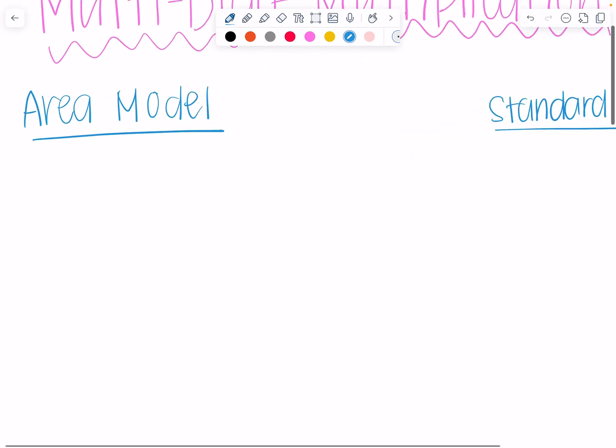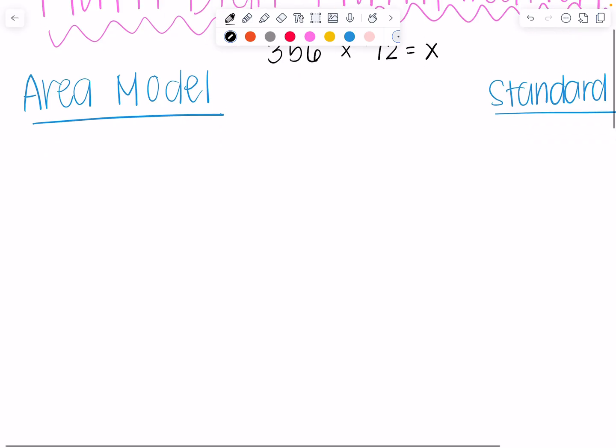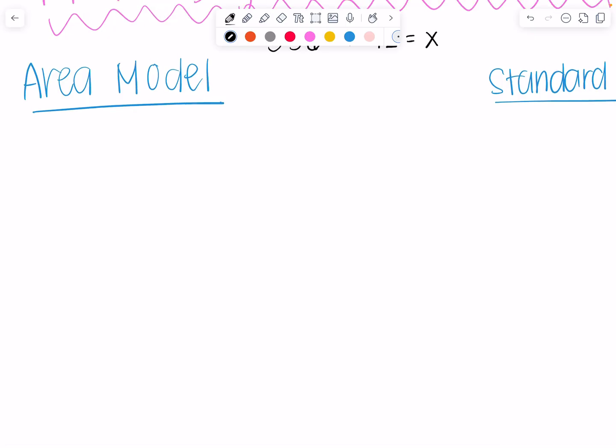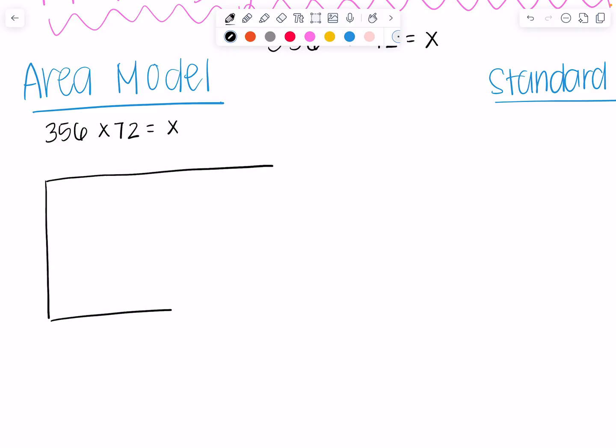So starting with area model, I'm going to multiply 356 times 72. So if I'm multiplying 356 by 72, I'm going to set up my area model.